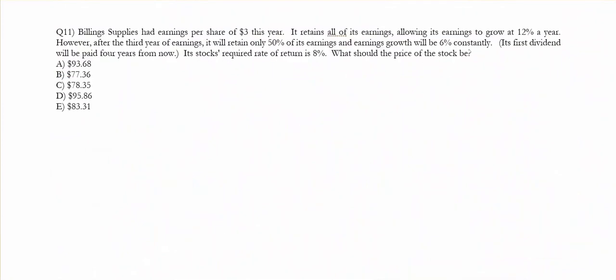This building supplies problem, it's a little tricky. And so when you have problems like this, let's just go slowly. We see that it has earnings per share of $3. It had, so that means the year that just passed, so I'll make that year 0. It retains all of its earnings, allowing its earnings to grow at 12%.